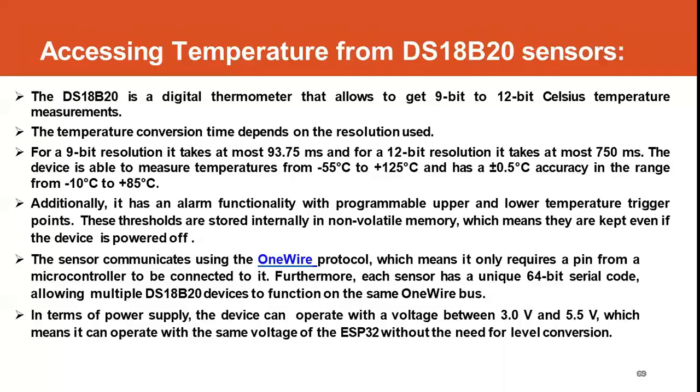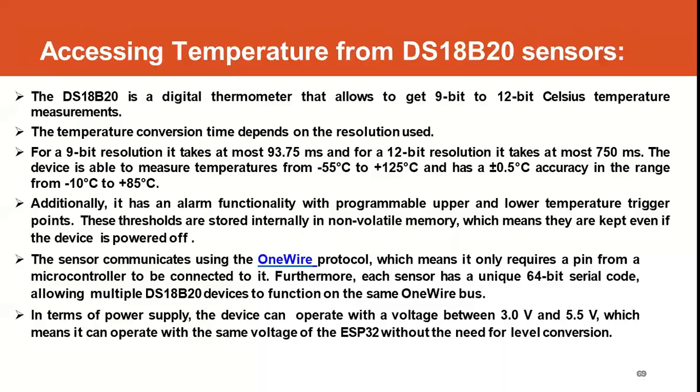So the conversion time depends on the resolution used. So for a 9-bit resolution, it approximately takes 93 milliseconds, and for a 12-bit resolution, it takes 750 milliseconds. So if the resolution is more, it will take more time to convert the temperature from an analog value into a digital value.